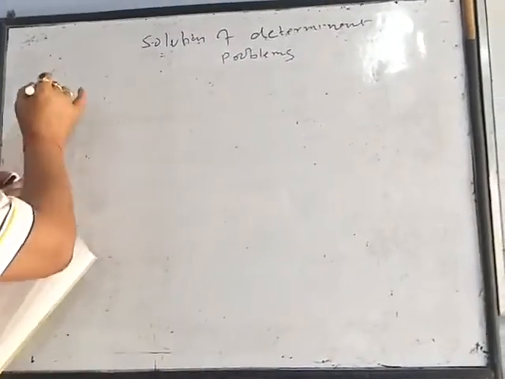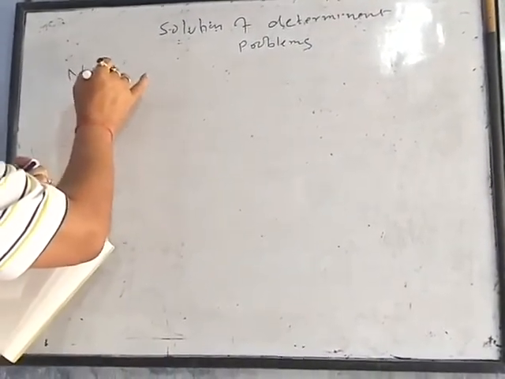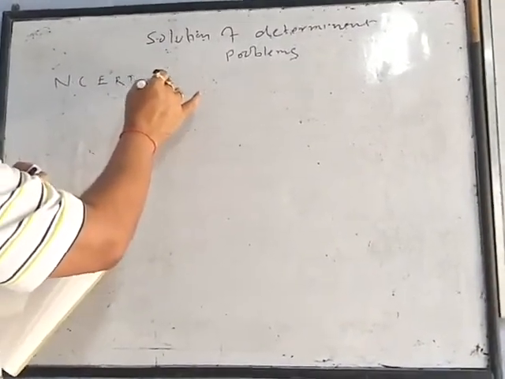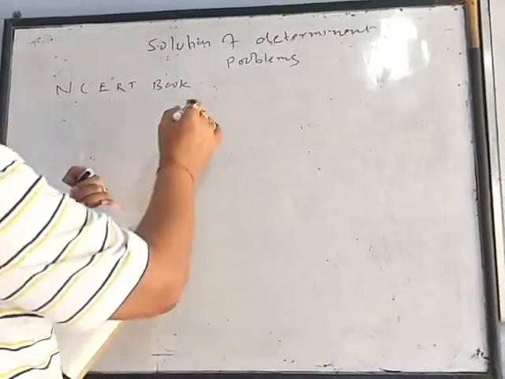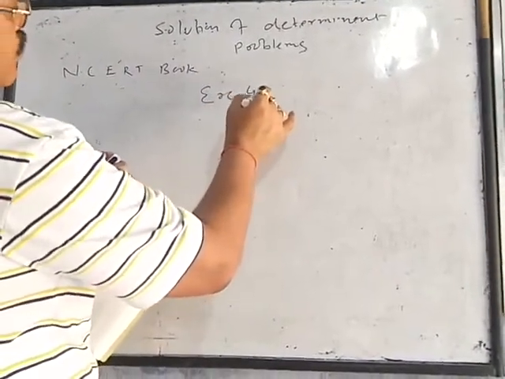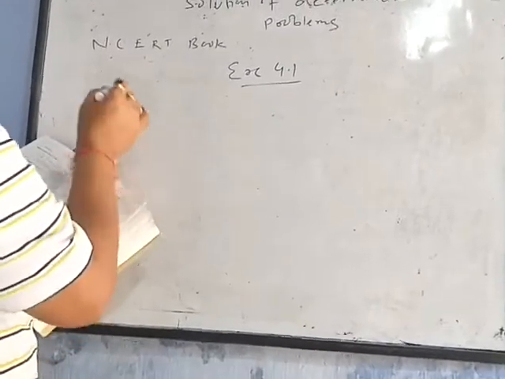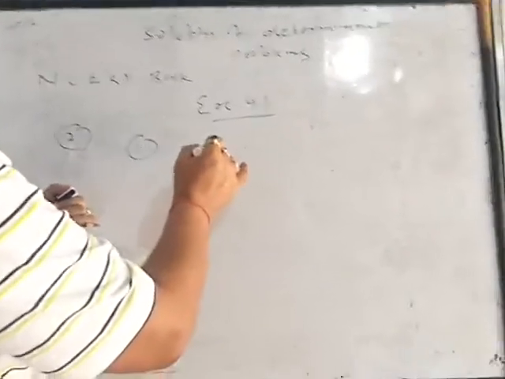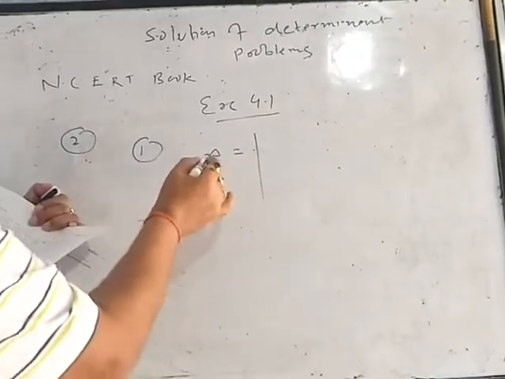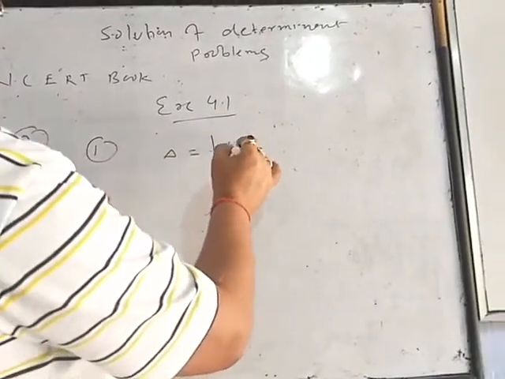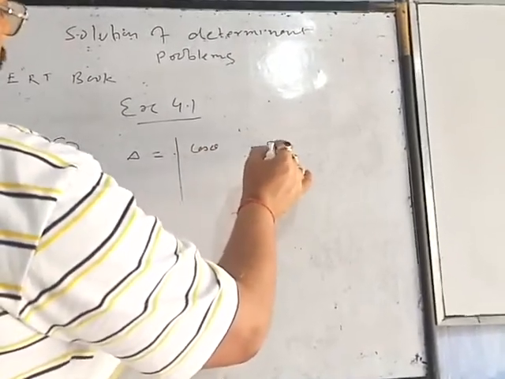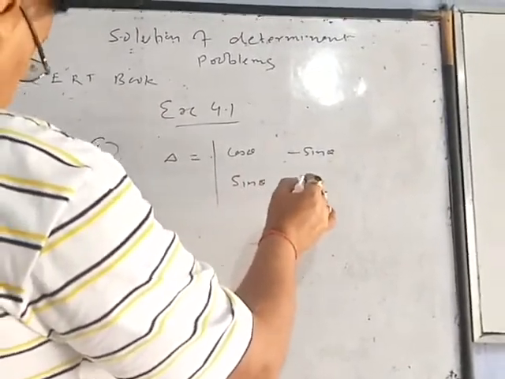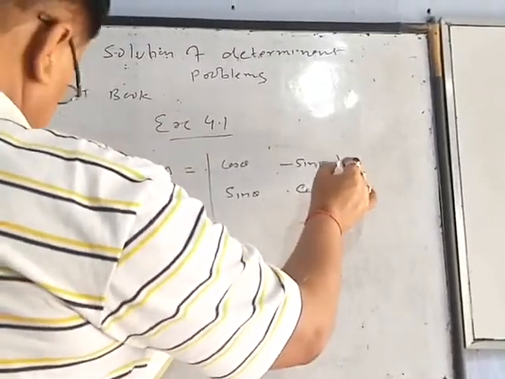In the NCERT book, exercise 4.1, I am taking two very simple questions. The determinant with cos theta, minus sin theta, sin theta, cos theta.